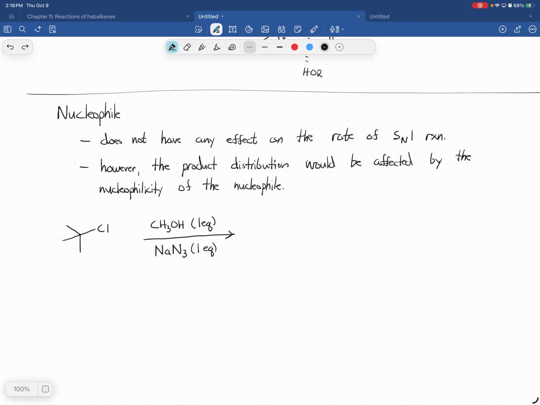So this is tert-butyl azide. This is your major product.